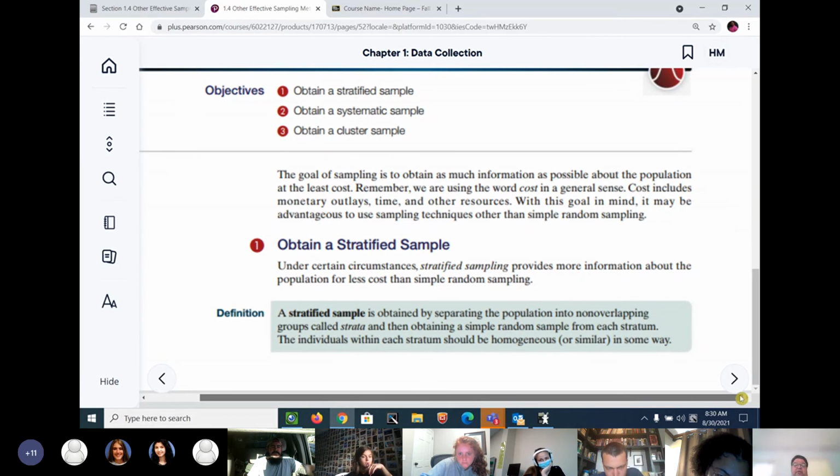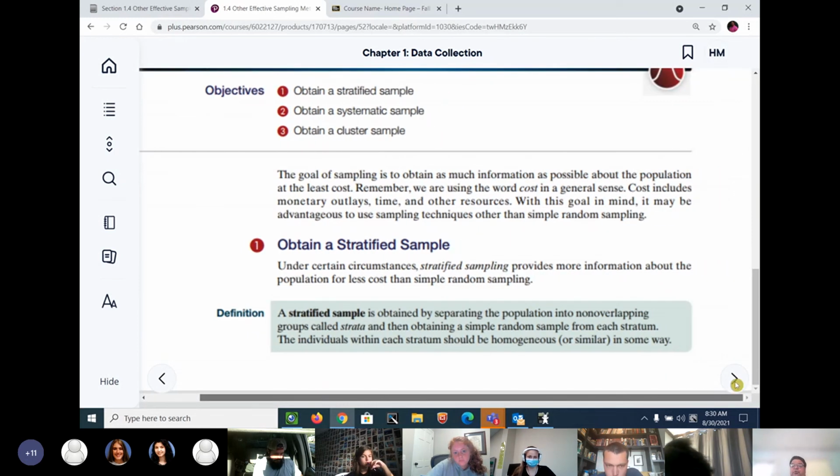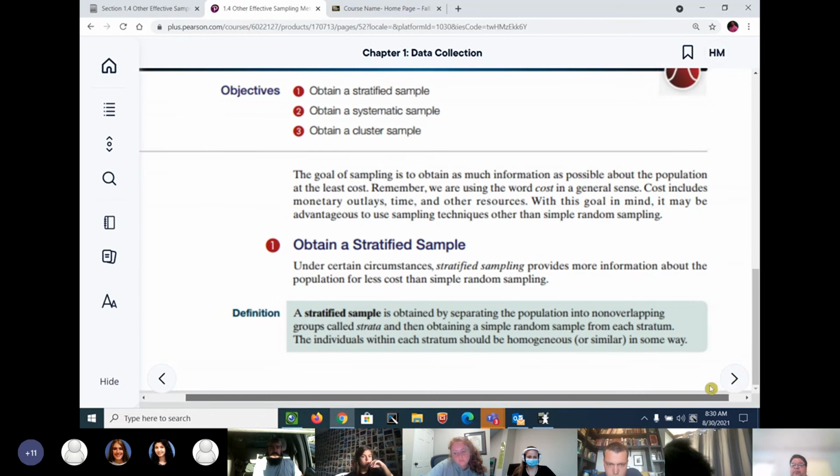That is called a stratified sample. Okay? Because what do they have in common? They're all 1st through 5th grade, and they're all similar.